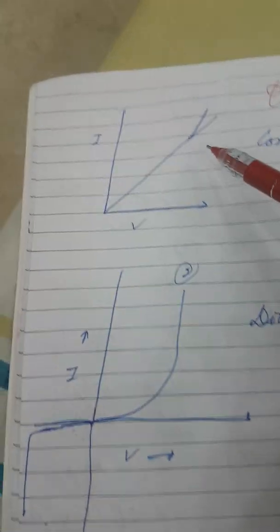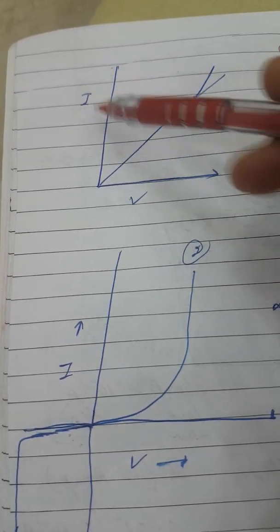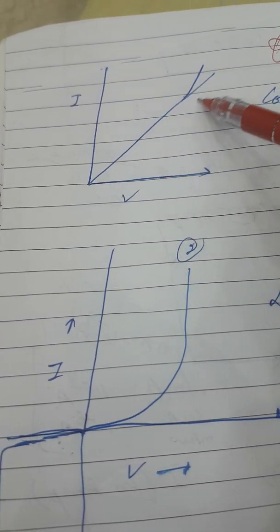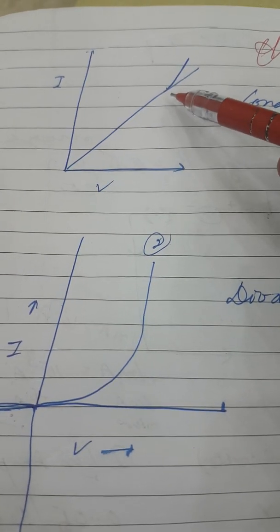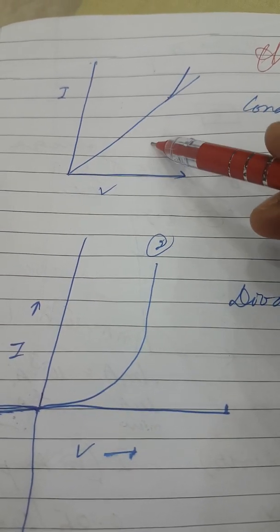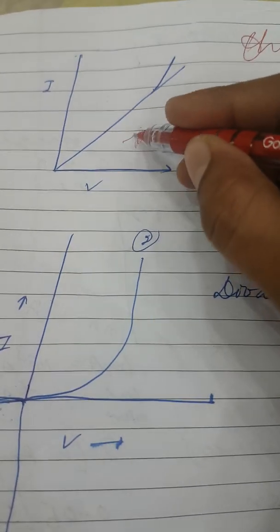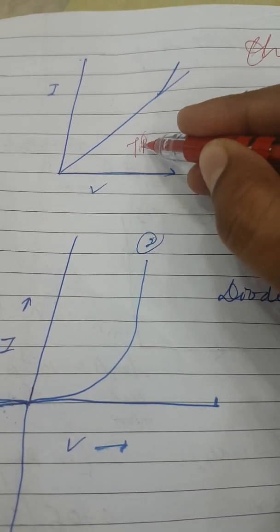For a normal conductor, the VI graph or IV graph is like this, a straight line inclined to the x-axis. This is for a fixed temperature, because for a fixed temperature resistance also becomes fixed.